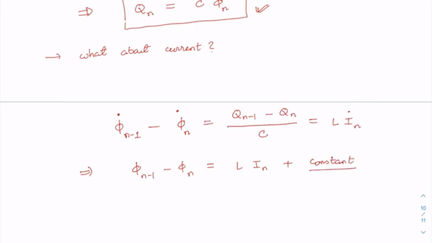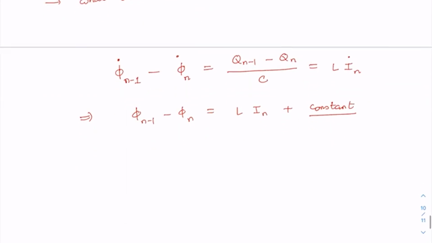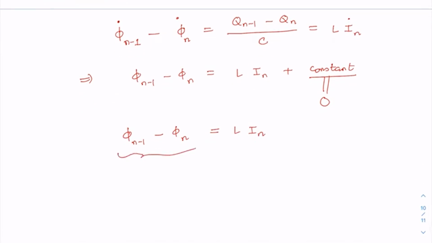This integration constant can be taken to be 0, as in the infinite past there was nothing, currents and fluxes were 0. Then we will simply have phi n minus 1 minus phi n, the difference of magnetic fluxes at the nodes, equal to L times I n.